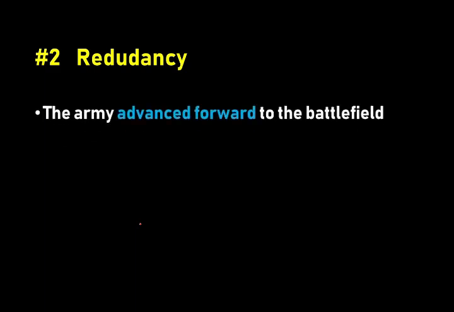Next we have redundancy, or to be exact, avoiding redundancy, because some information in a sentence is unnecessarily repeated. I have some examples. First is, the army advanced forward to the battlefield. The word advance means to move in a forward direction. Thus, the word forward here is not necessary.